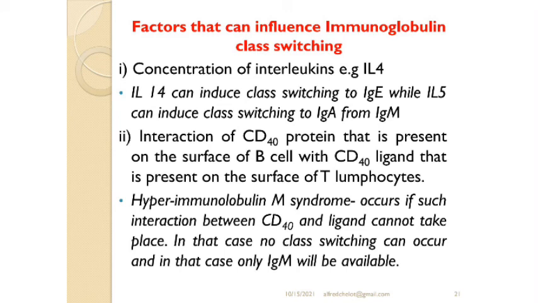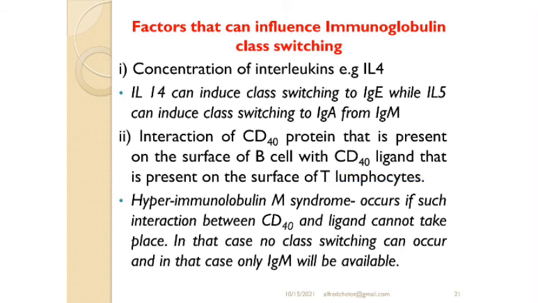from immunoglobulin M. The next factor is the interaction of the CD40 protein that is present on the surface of the B cell with CD40 ligand that is present on the surface of the T lymphocyte. Again, another correction for you to take: this is supposed to be T lymphocyte. There is a typo there.